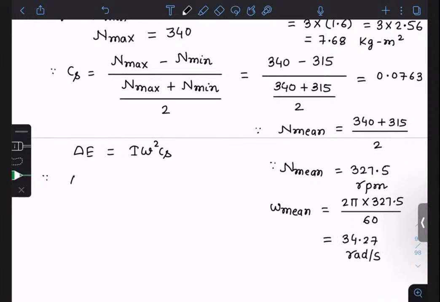So delta E is equal to 7.68 into 34.27 squared, into CS, which is 0.00763.